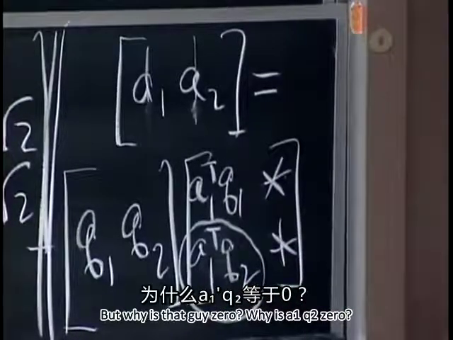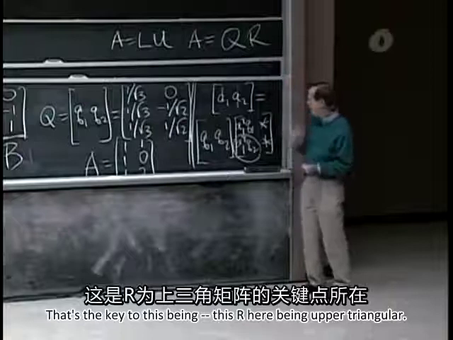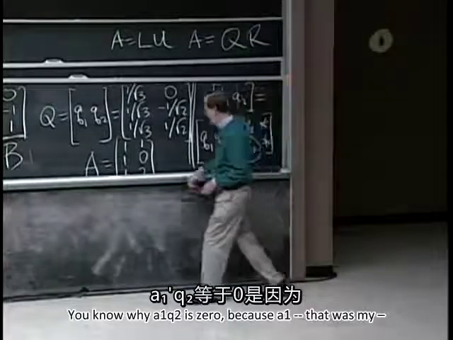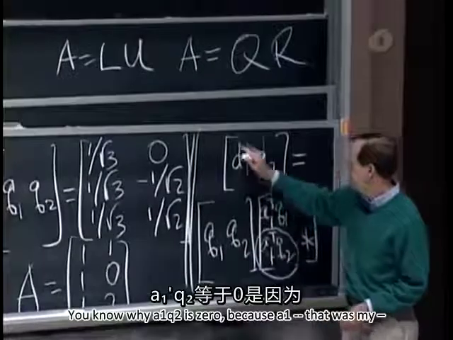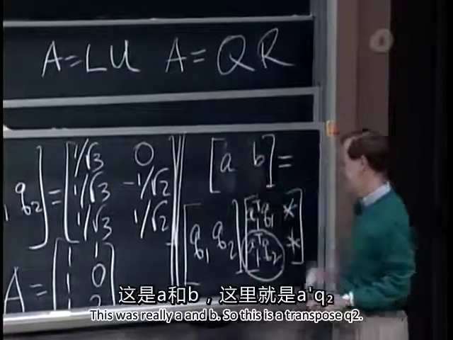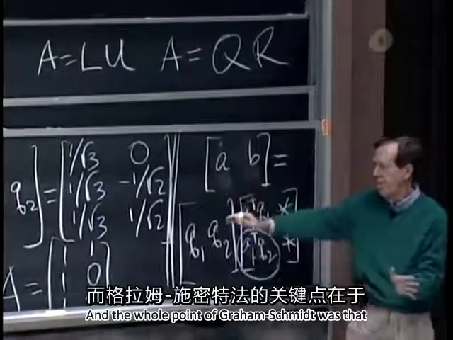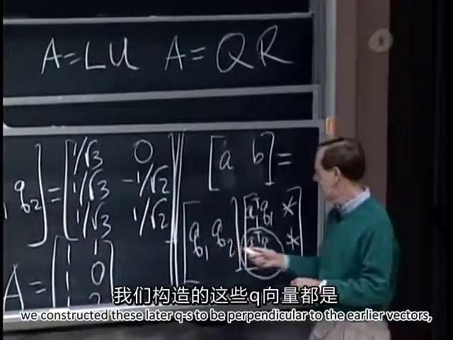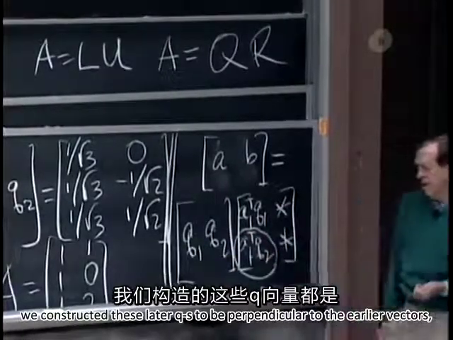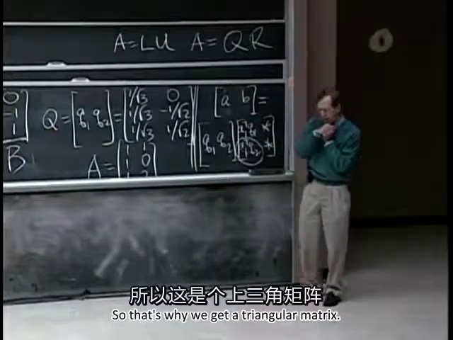Why is A1 transpose Q2 0? That's the key to this R being upper triangular. You know why A1 Q2 is 0? Because A1 was really A, and Q2 came from B. So this is A transpose Q2. And the whole point of Gram-Schmidt was that we constructed these later Q's to be perpendicular to all the earlier vectors. So that's why we get a triangular matrix.